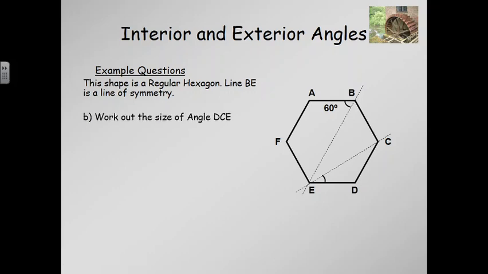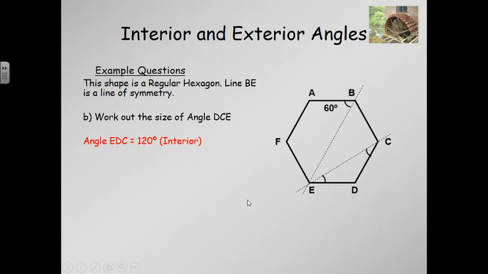Next question, we're going to work out the size of angle DCE. So D to C to E. They've used the line that goes straight through E to C, and we already know that EDC, so this one here inside, would be 120 because we've worked that out already, that the interior angle of a hexagon would be 120 degrees if it was regular.